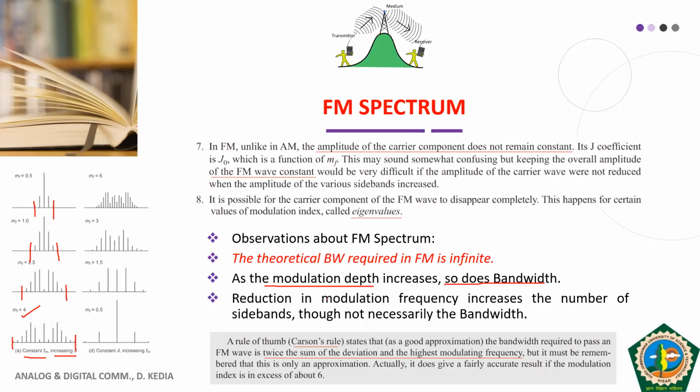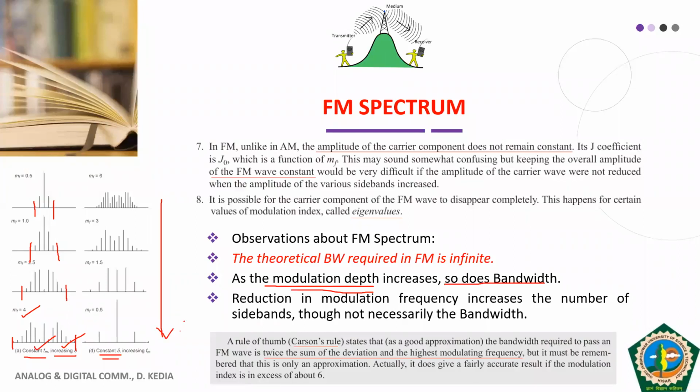And how are we increasing modulation depth? By increasing deviation and by keeping FM constant. Okay, now we can think of increasing your modulation depth by keeping constant deviation, and if you again go from upwards to downwards.